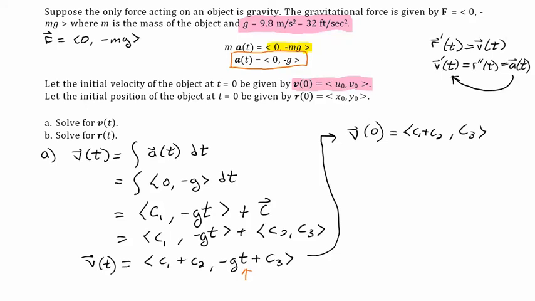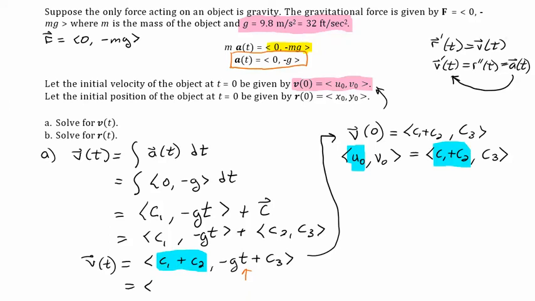Well, what do we know about v evaluated at 0? Up here, we've defined those to be these values, u sub 0, v sub 0. So u sub 0, v sub 0 equals these constants here. So c1 plus c2 equals u sub 0. I'm going to go down here and substitute in u sub 0, which is the x-coordinate of my initial velocity.